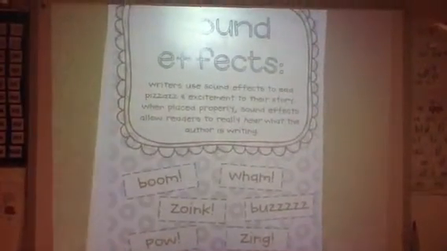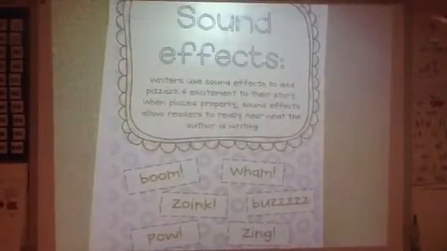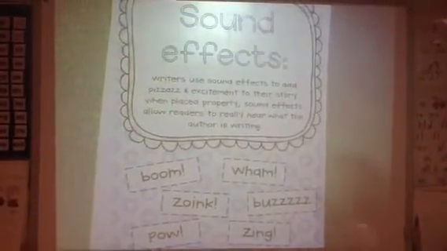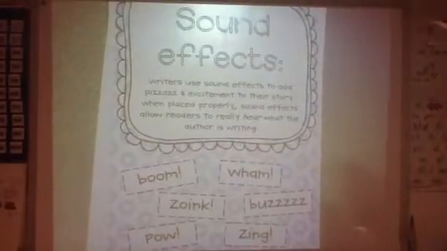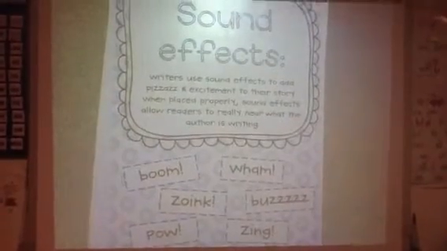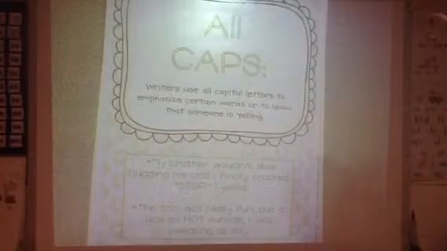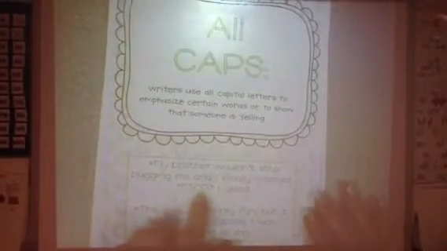And so we want to put in some sound effects, and that's called onomatopoeia. The kids love to say that word. And that's just words like boom, wham, buzz, zoink, pow, things like that. And so that's going to really help that writing. Sometimes if maybe they were excited or they screamed or something, you might even write it in all capital letters.